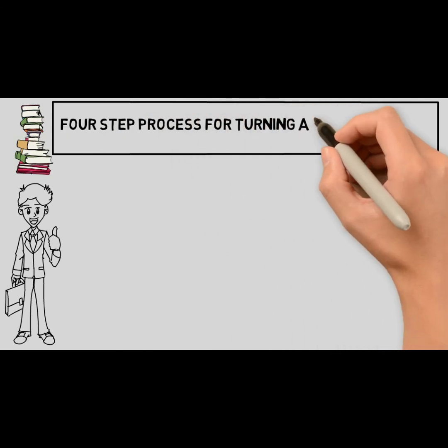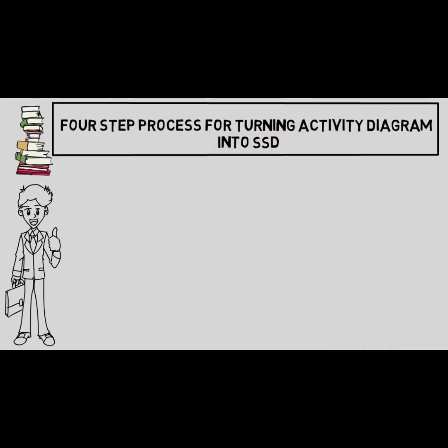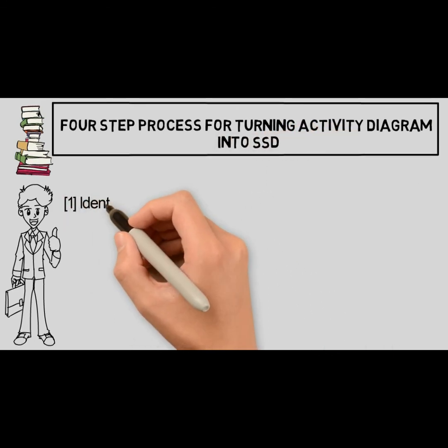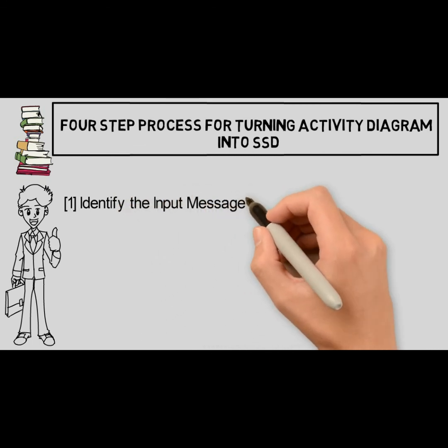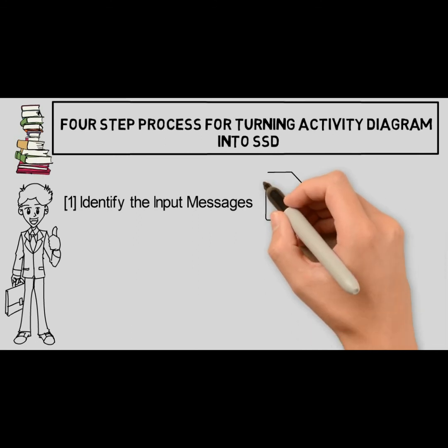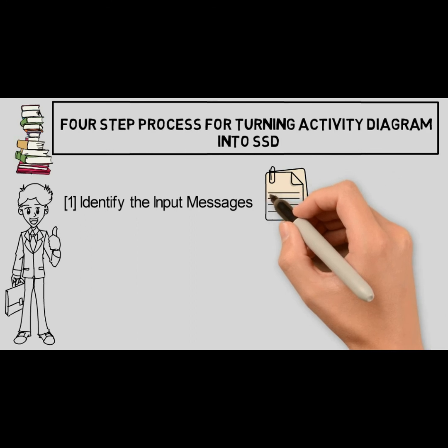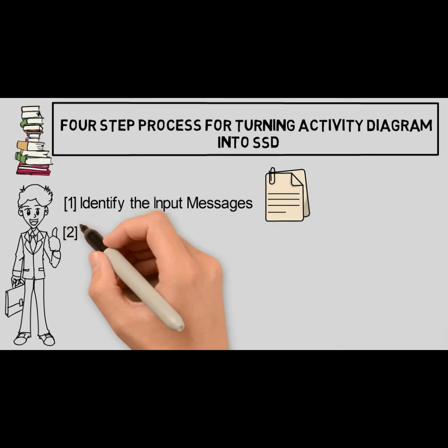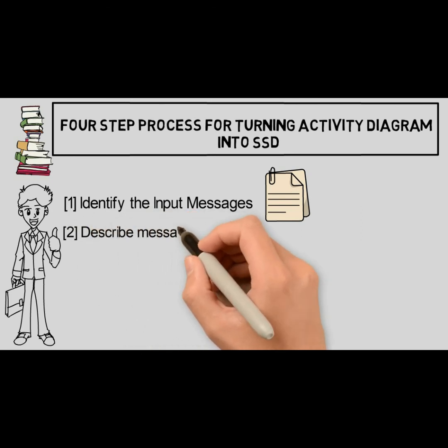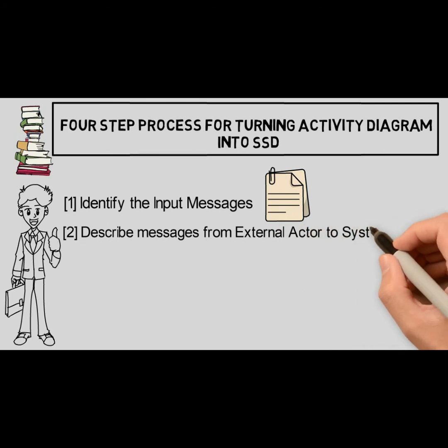There is a four-step process for turning an activity diagram into an SSD. First, identify the input messages. See the use case flow of activities or activity diagram. Second, describe messages from the external actor to the system. Name it for what the system is asked to do.